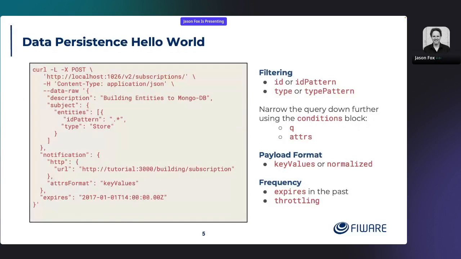For LD, it's going to be key values, concise or normalized, or potentially, if you're using Orion-LD, you've got a couple of custom formats which say I want it in V2 format, because there are already plenty of components out there which are expecting V2, which may prefer that to LD format, or it used to be the case whilst there was a transition for both interfaces.